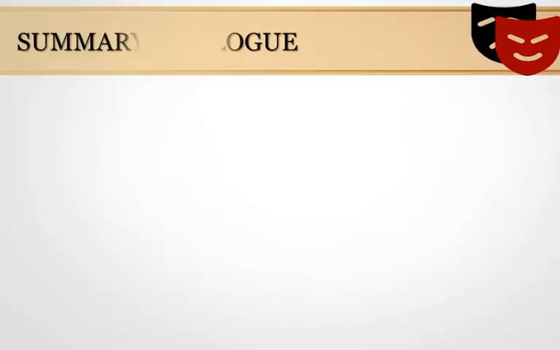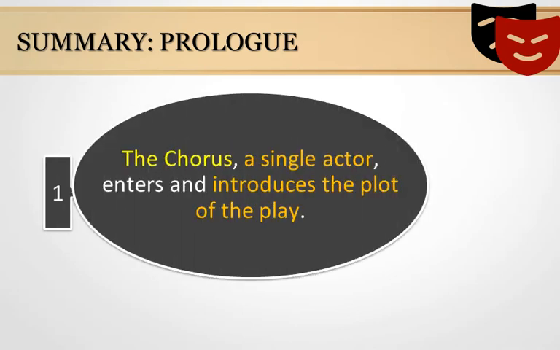Moving on to the summary of Prologue in Dr. Faustus. Well, the chorus is a single actor who enters and introduces the plot of the play. So in Dr. Faustus, we have a chorus, and this chorus in the prologue consisted of a single actor.